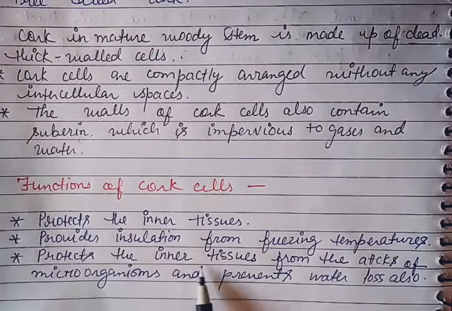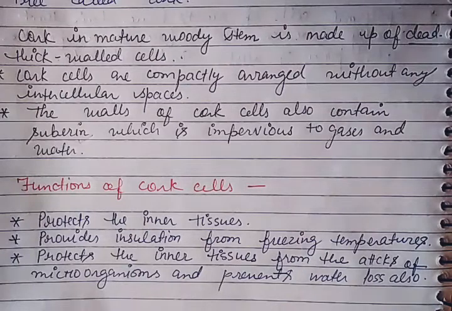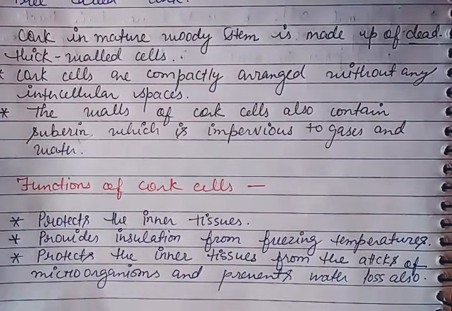Now it protects the inner tissues from the attack of microorganisms and prevents water loss also. This cork also acts as a barrier so that microorganisms cannot enter into the plants, and it also reduces the loss of water. So this is the main function of the cork in the plant, and this is all about the cork.